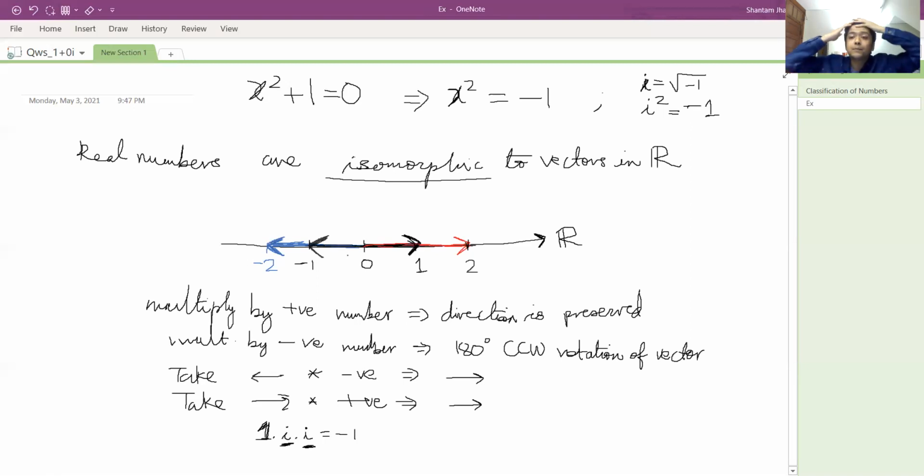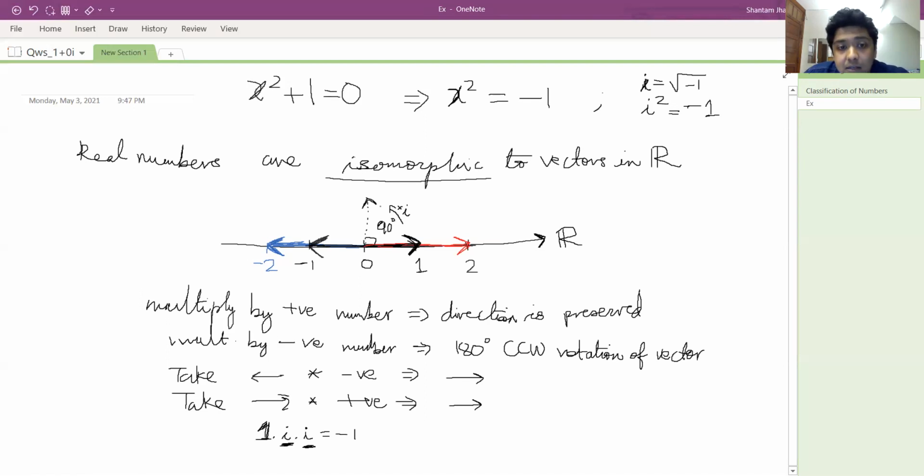So what does this mean? This means I need a number which is somewhere in between, such that when I take 1 and apply this transformation, known as multiply by i, I should reach here. My vector should be rotated like that, right? Multiplying by i should change the angle of my vector by 90 degrees.